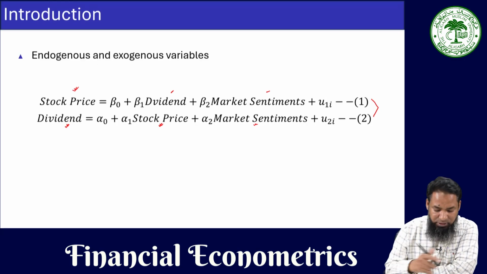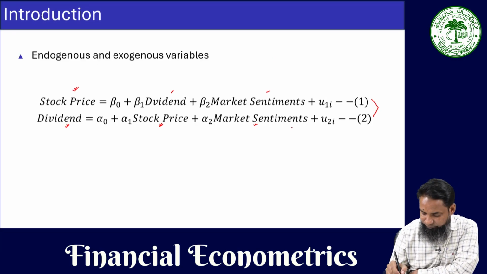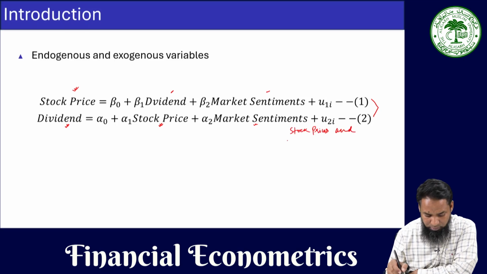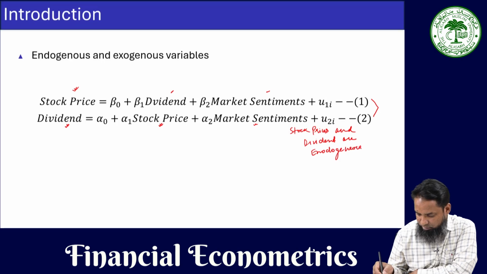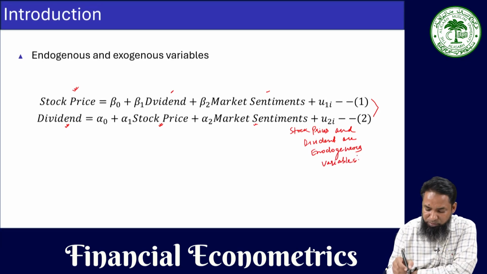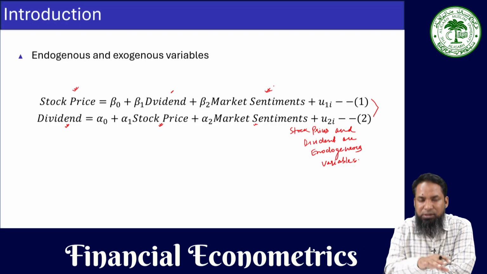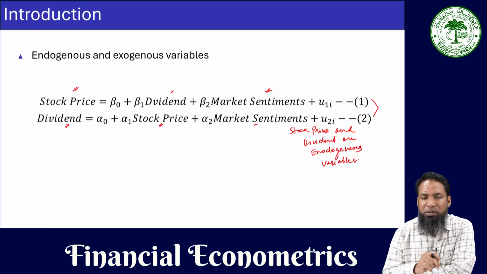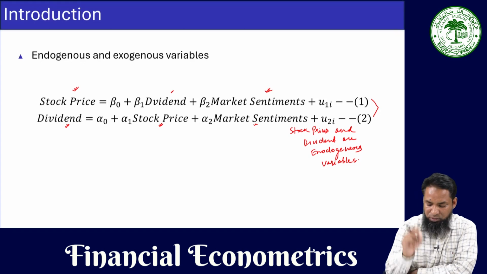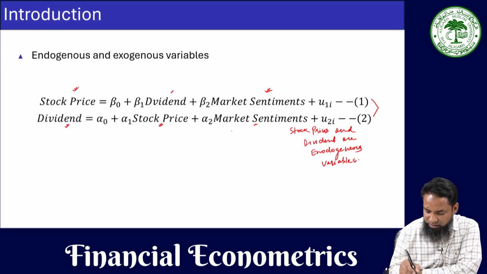So in this specific case, both the stock prices and the dividend are endogenous variables. However, market sentiment is not being determined within this system, so market sentiment is an exogenous variable.